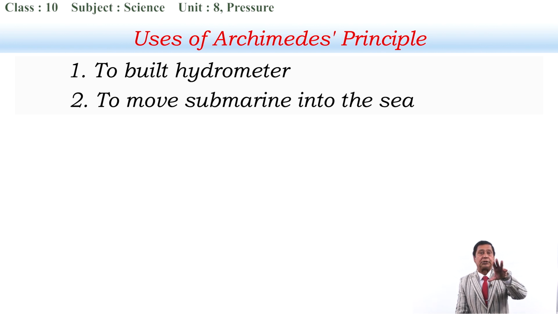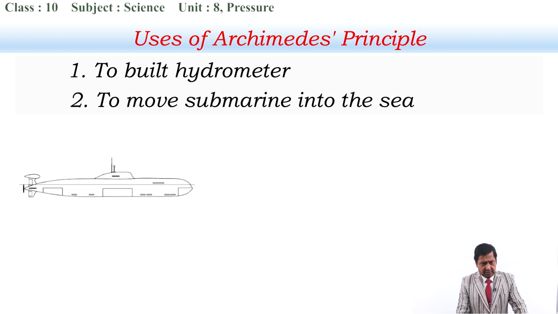To move a submarine in the sea. How? I want to show it with an animated picture. This is a submarine. The submarine moves inside the water in the sea, and this is the level of water shown here. At this time, a part of the submarine is outside the water and a part is inside the water.